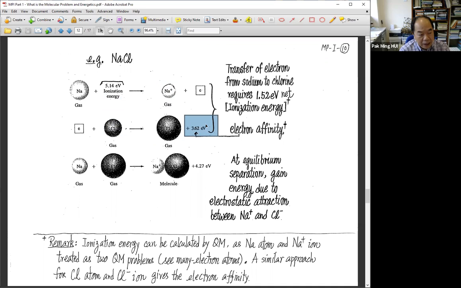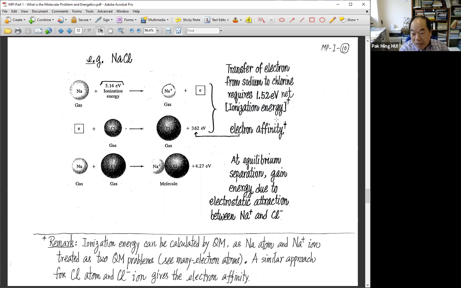That is to say, in order to go from neutral sodium and chlorine atoms into sodium plus and chlorine minus, there is a net energy required. So that means this charge transfer will not occur spontaneously, automatically.